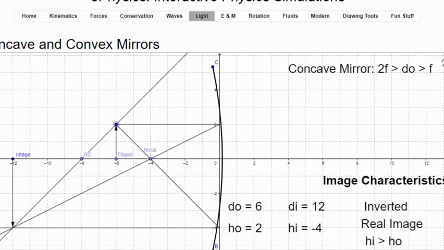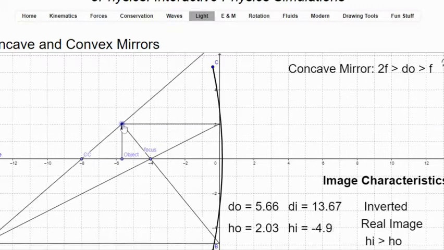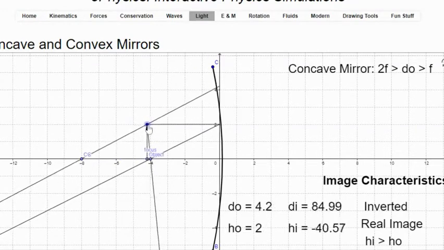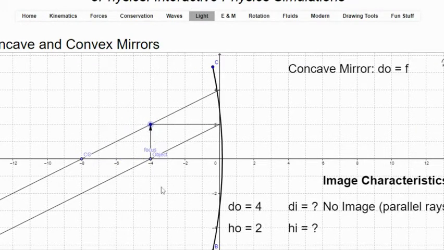This is our sixth and final video about concave mirrors and the images they form. In the last few videos, we've talked about what happens as you move the object closer and closer to the mirror. And in the last video, we specifically looked at what happens when that object is located at the focal point.